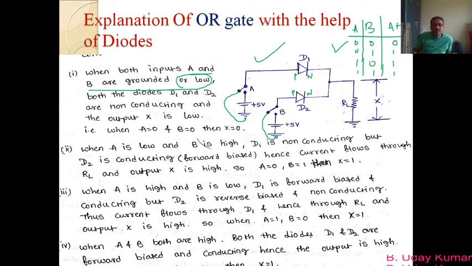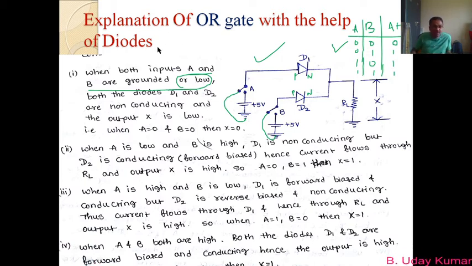So that means diode D1 will be reverse biased and diode D2 also will be reverse biased. Once the diodes are in reverse biasing condition, I already told you that a high resistance will be created inside the diode for the current. That means they become non-conductive. So that is what you have to understand here.